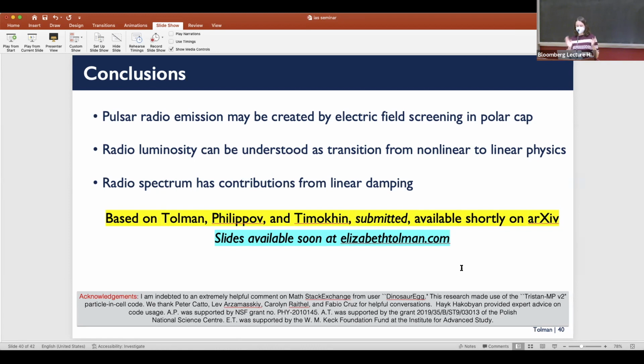This is a complicated two-dimensional process, but it's ultimately controlled just by the damping of a parallel electric field, and that's a nice plasma physics problem that we've discussed in this talk. By looking at this plasma physics problem, we've shown that the radio luminosity of the overall emission might be understood as a transition from nonlinear to linear physics, from which we can work out a value for luminosity which agrees with observation. Then we've talked about some linear damping that happens later on in this discharge. And this might give you some of the behavior of the radio spectrum that you observe.